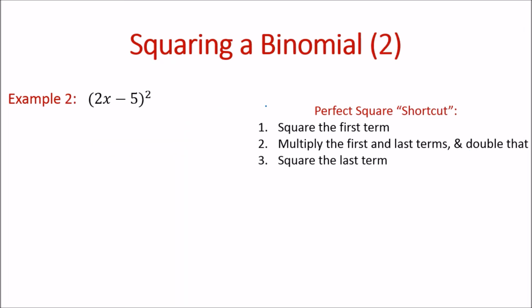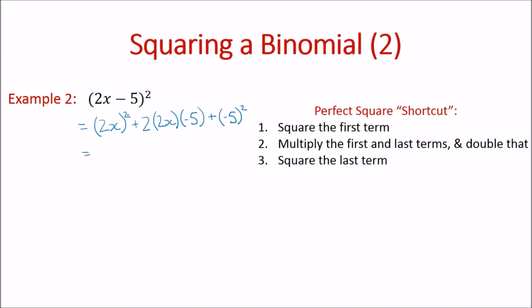This is example 2. So again, we're going to take the first term, which is 2x. We're going to square that whole first term. Then we're going to double the product of the first term and the last term. And then we're going to take the last term and we're going to square that.